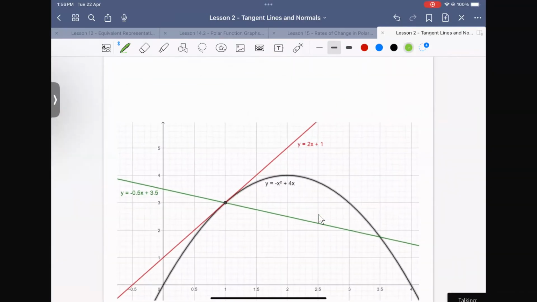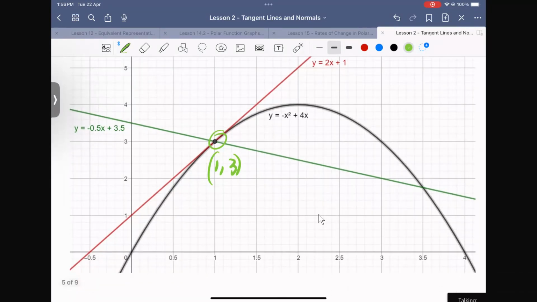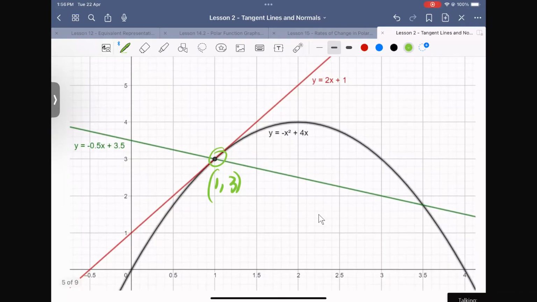And this is our tangent line where it touches the curve at one point. This is the point 1, 3. And we see the tangent line and the normal line. The reason it's not looking 90 degrees is I've chosen a different scale here.